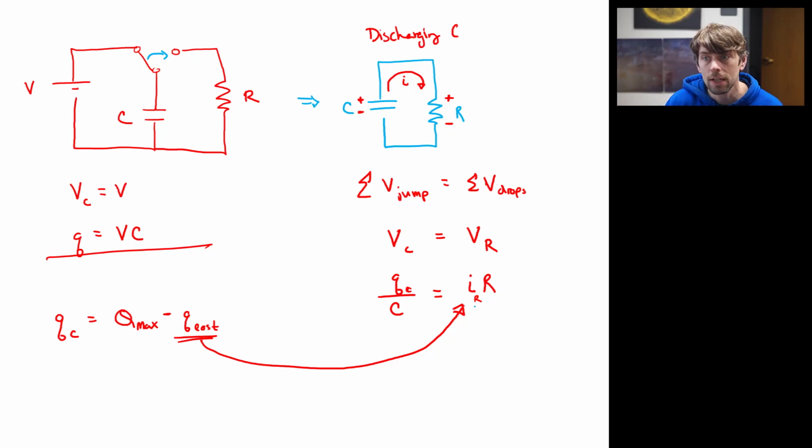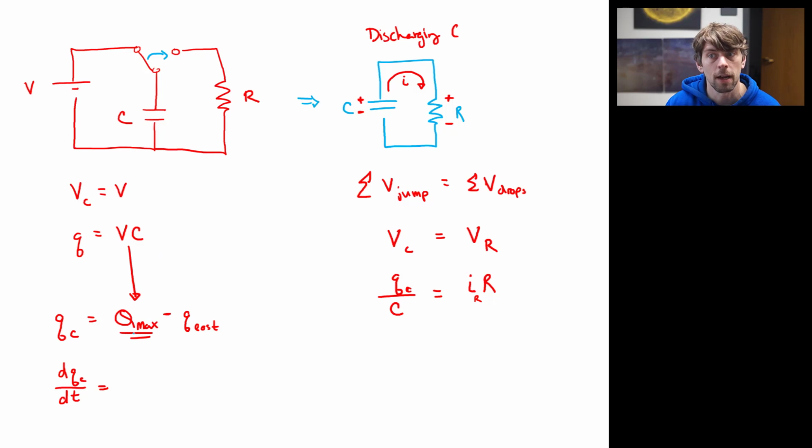Now, how are they related? If I take this equation for the total charge on the capacitor and differentiate, I get the change in the charge on the capacitor per unit time. Well, this Q max was a constant. In fact, that's what we have up here, this VC, that's Q max.